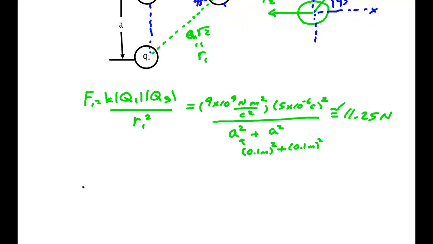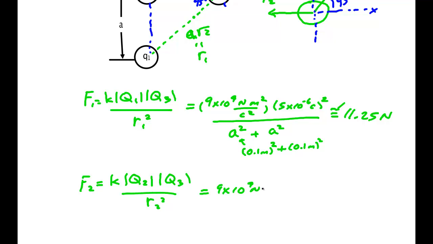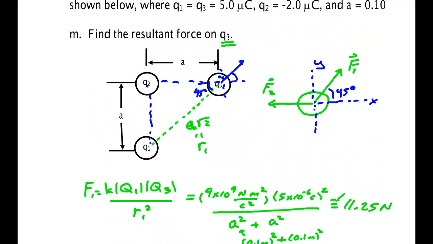For F2 we have K, magnitude of Q2, magnitude of Q3 over the distance R2 squared. That's 9 times 10 to the 9th newton meter squared per coulomb squared. Q3 was 5 times 10 to the minus 6 coulombs. Q2, I have to go back up here and look. Q2 said 2 microcoulombs.